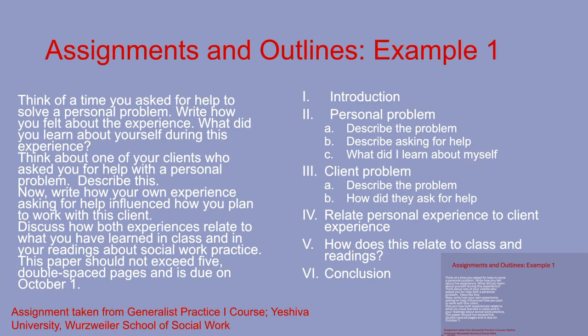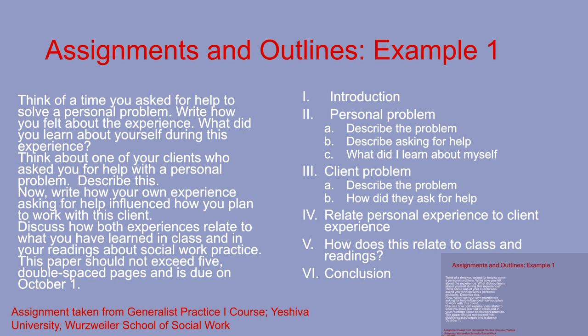So here's an example that we have for you. This was the example that's in the text and in the handbook itself, as well as we discussed this in the last video. So this was the personal problem assignment, and I'll just reread it to you. It says, think of a time that you asked for help to solve a personal problem.